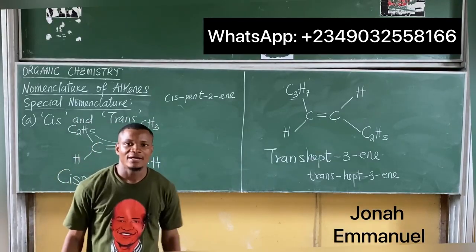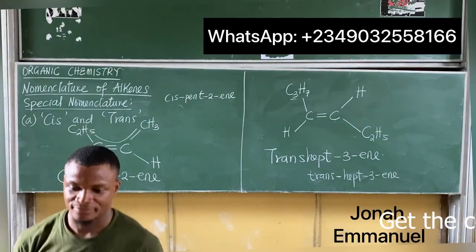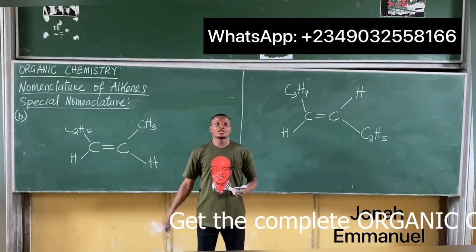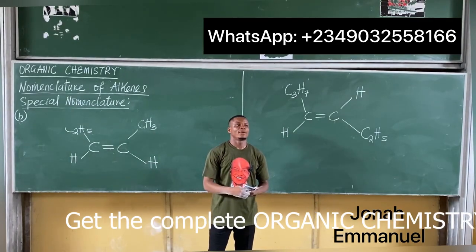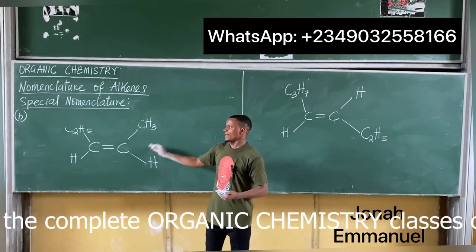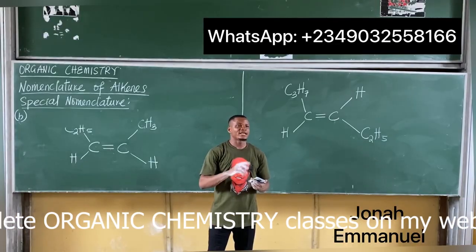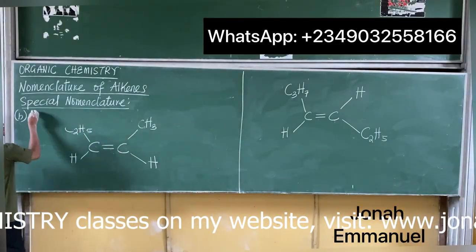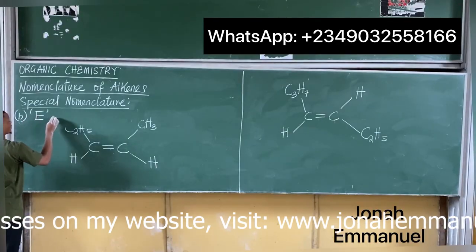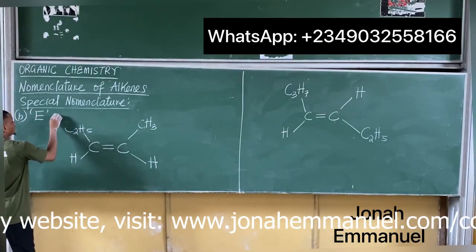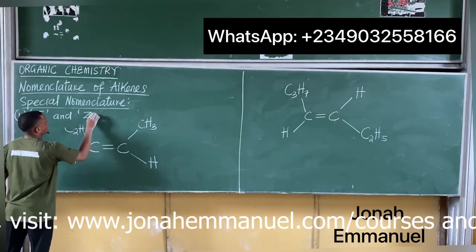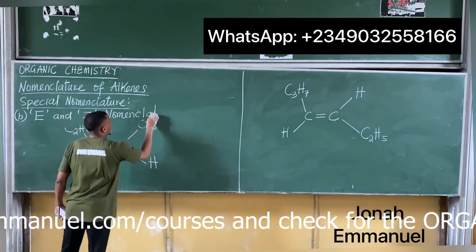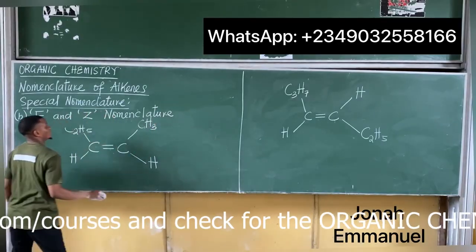Let's look at the next special case, the E and Z nomenclature of alkenes. We'll keep the same examples and use them as a reference for our next special nomenclature, called the E and Z nomenclature.